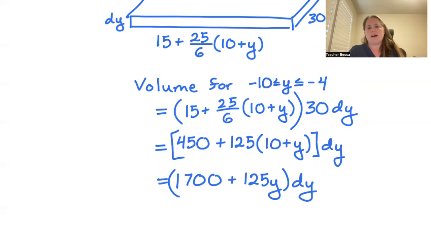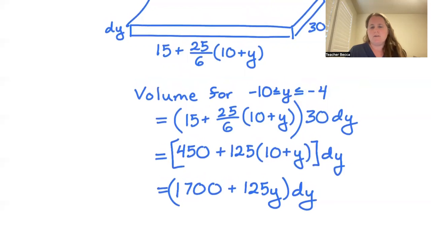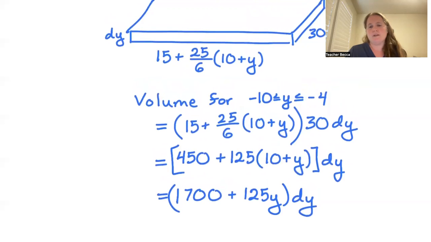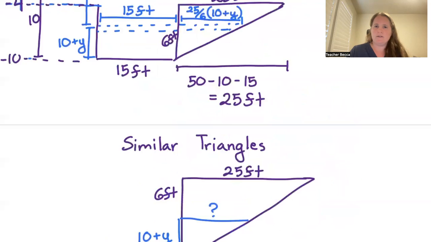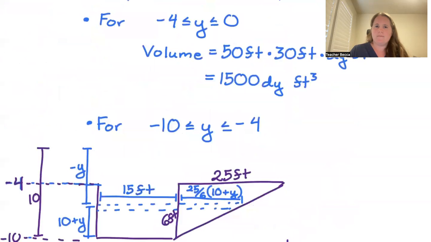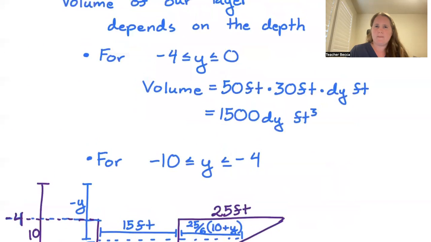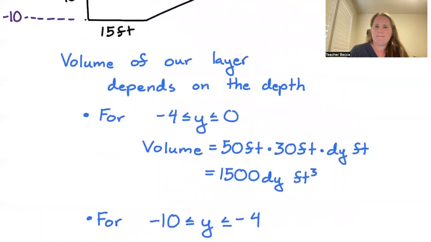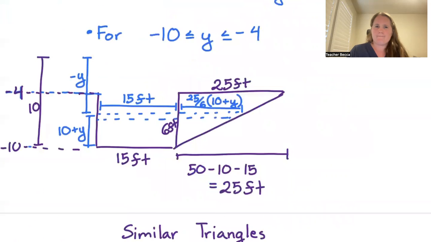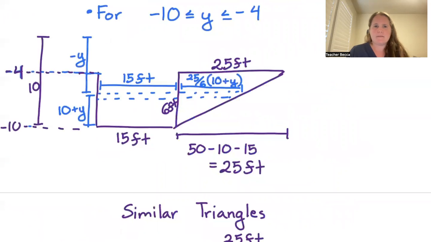So we can just check at -4, we would have 1,700 plus 125 times -4. So that would be 1,700 minus 500 or 1,200. Which does not seem quite right.